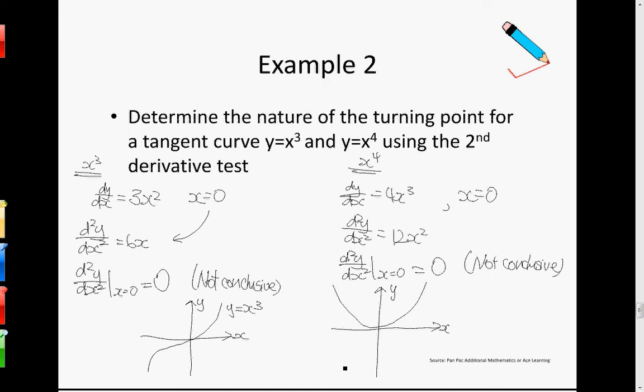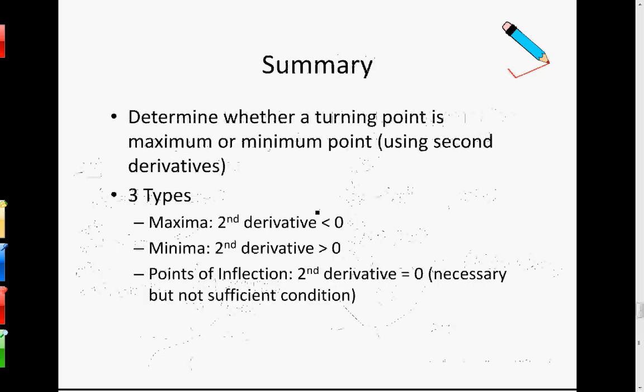If you want a maximum point with a second derivative of 0, you just put a negative sign here: the negative x to the power of 4 graph. So when you get 0 for the second derivative test, you have to do the first derivative test. It's not conclusive when it's 0.